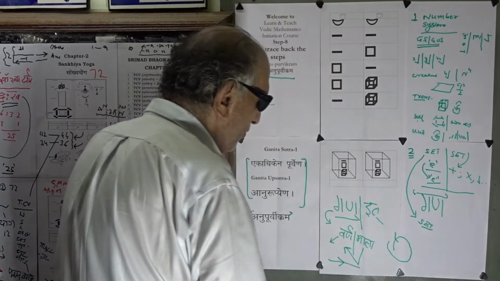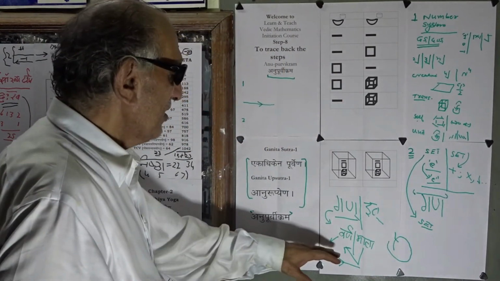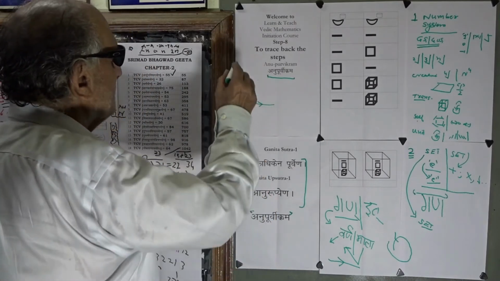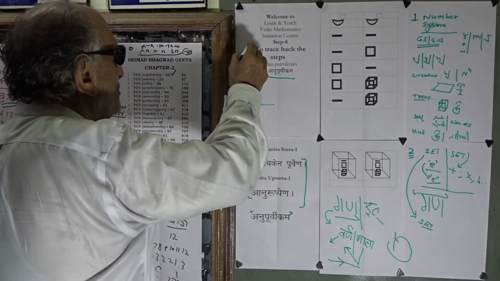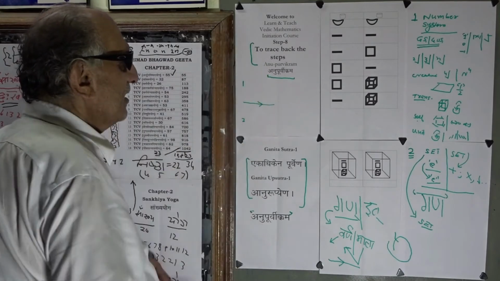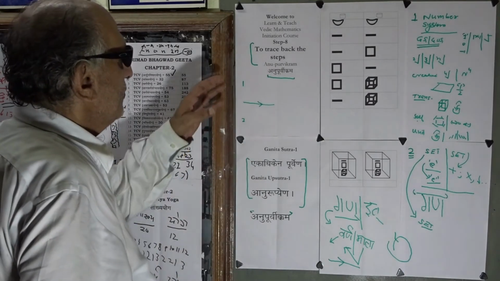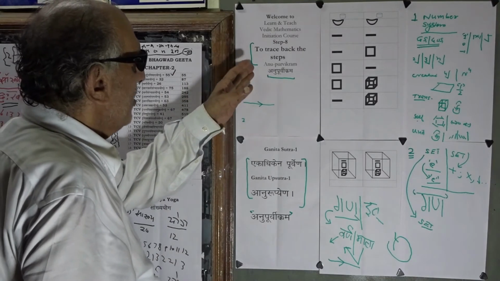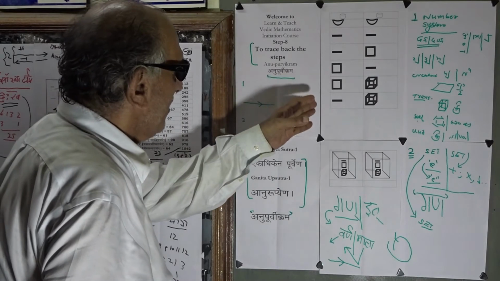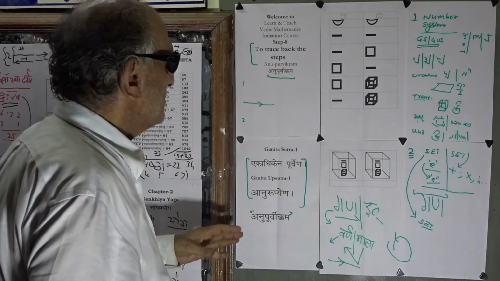Now, the removal of the stitching string amounts to a tracing back of the steps. It is this tracing back of the sets of the Ganas which is of basic importance for Vedic technologies.